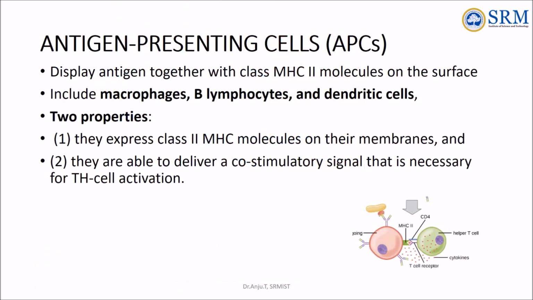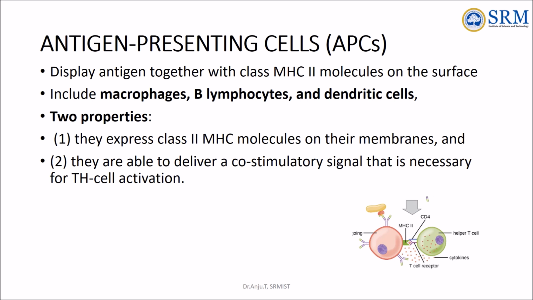Antigen presenting cells are a major group of cells involved in adaptive immune responses. These are the cells which encounter the antigen initially. They engulf, they phagocytize the antigens and present the antigens on their cell surface by complexing them with class 2 MHC molecules.